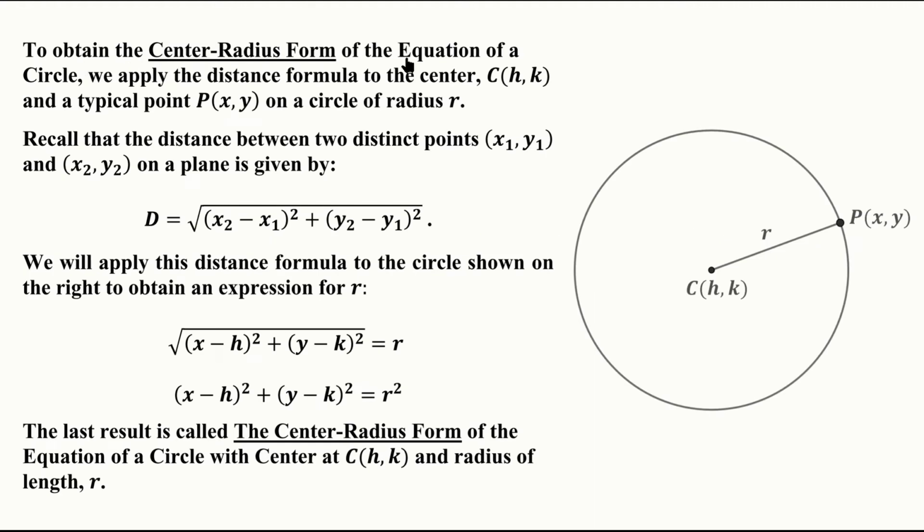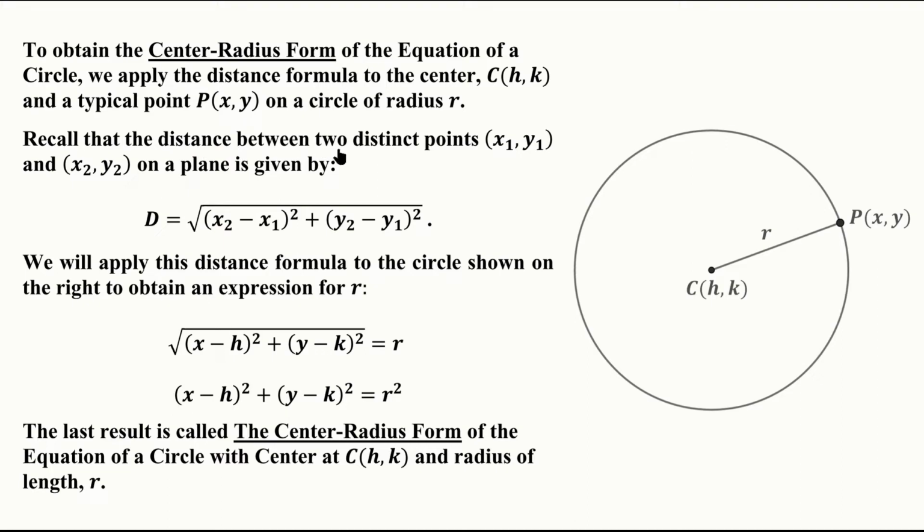To obtain the center radius form of the equation of a circle, we apply the distance formula to the center C of (h, k) and a typical point P of (x, y) on the circle, keeping in mind that that distance is going to be the fixed distance that we call the radius, right?